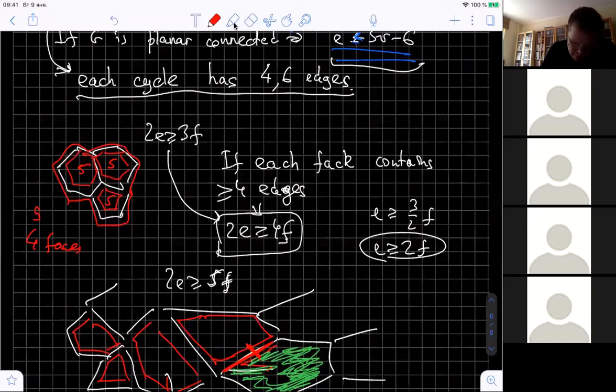So I have four faces containing 5, 5, 5, and 10 edges. If I double the number of edges, it will be just the sum of these numbers: 10 plus 5 plus 5 plus 5. So maybe my mistake is somewhere here.